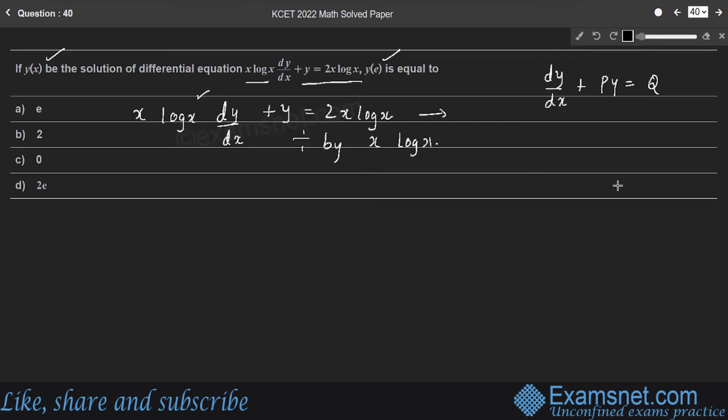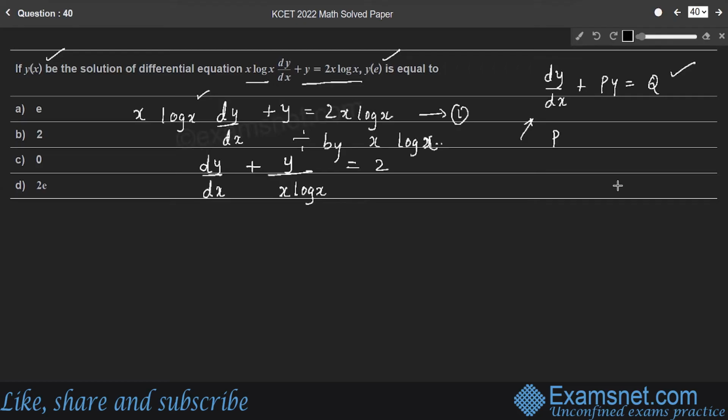So when it is divided by x log x, consider this as equation 1, the equation becomes dy by dx plus y by x log x, right? Because it is divided by x log x, right? 1 by x log x into y is equal to 2x log x by x log x is 2, which is in the form of dy by dx plus py is equal to q in this form, right?